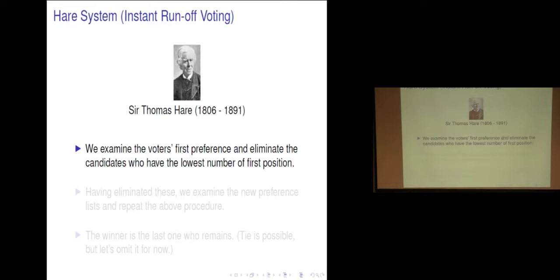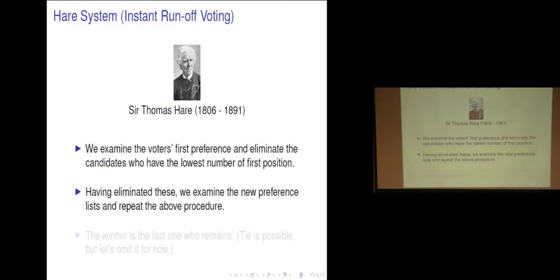And then let's look at it. After we remove the person, we look at the remaining picture. Having eliminated these, we examine the new preference list and repeat the same procedure. It will become clear when we have an example.